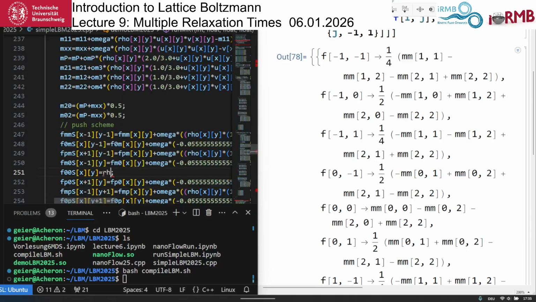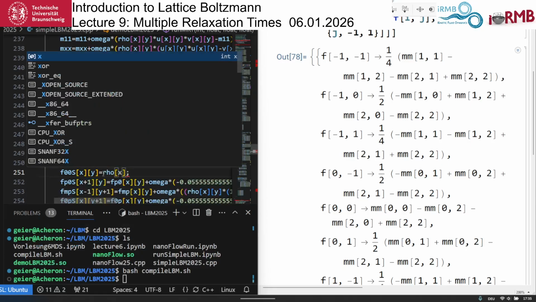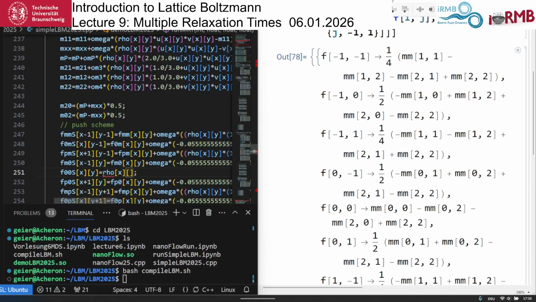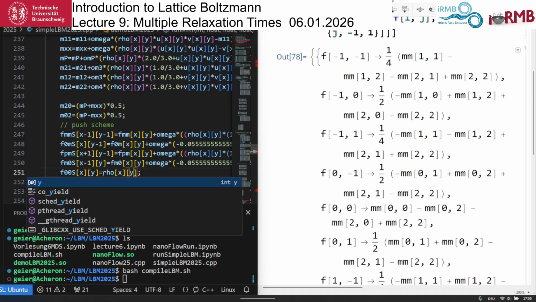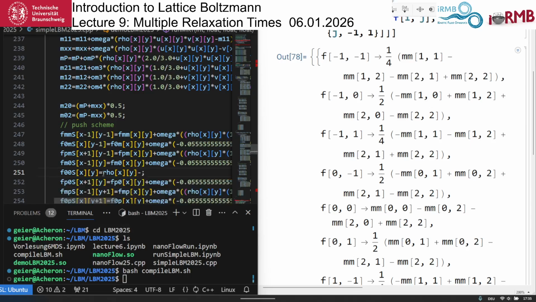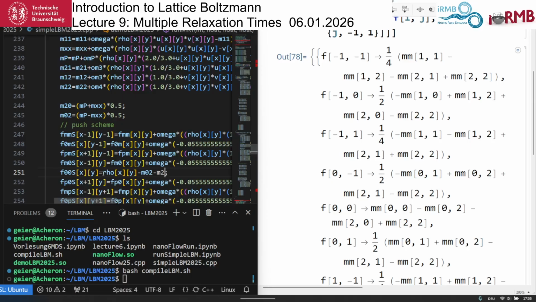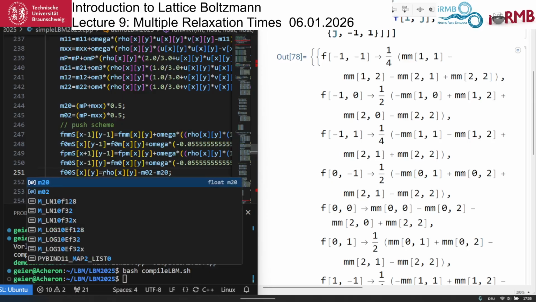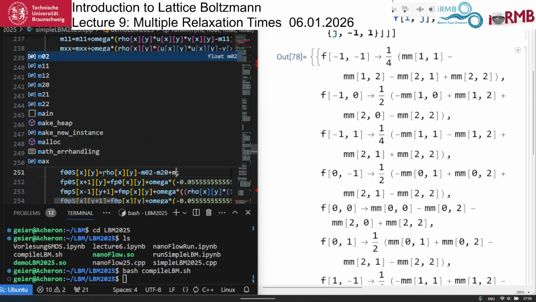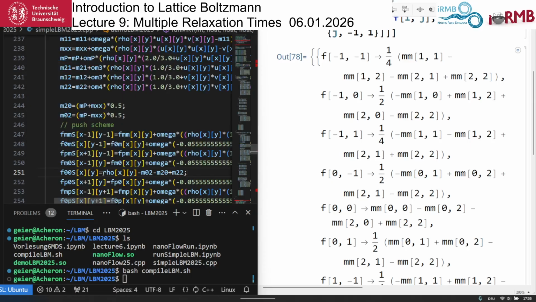This is rho xy, this is the 0 moment, minus M02 minus M20 plus M22, okay? So this appears to be the back transform of that moment.